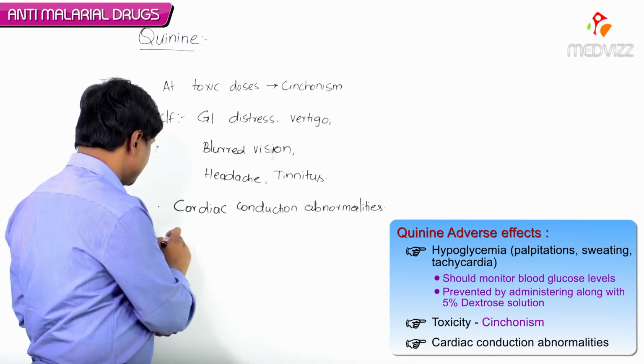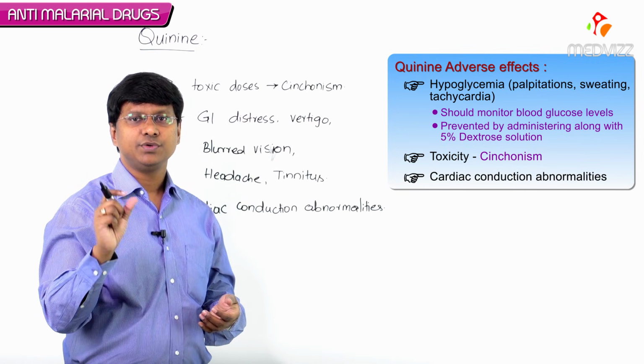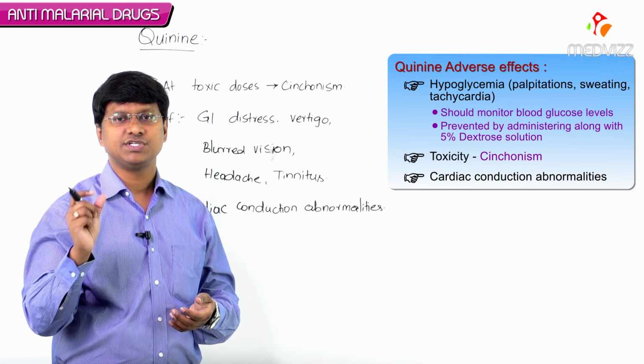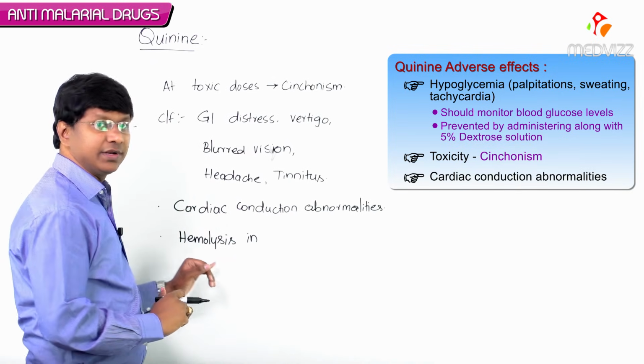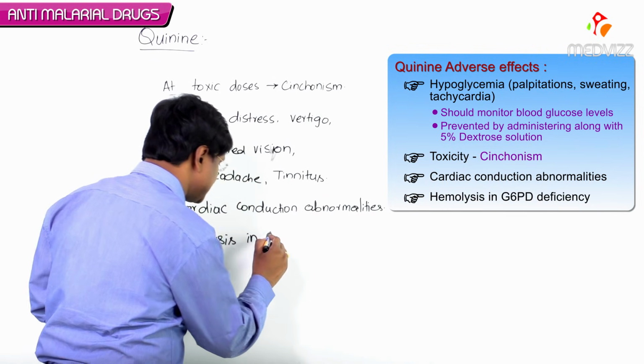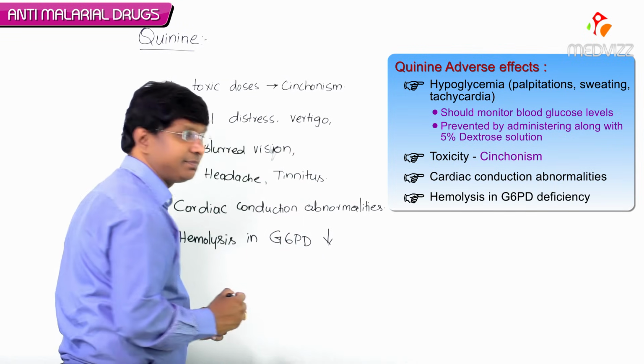All right. Next, whenever you are giving quinine, you need to see whether the patient has any G6PD deficiency or not. Remember, this quinine will cause hemolysis in G6PD deficiency patients.